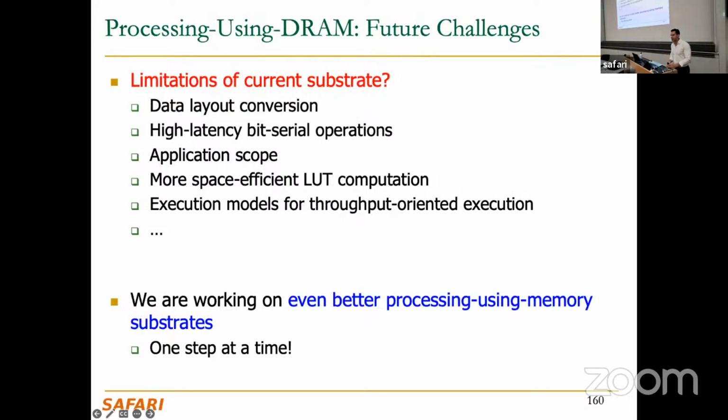Both combined together so that they can have good enough utilization to utilize all of the SIMD cores on the GPU. So we need to move into that more throughput-oriented execution model so that we can fully utilize all of the DRAM subarrays, all of the banks, all of the chips, all of the modules. It scales really quickly, right? If you fully want to use the hardware for computation.